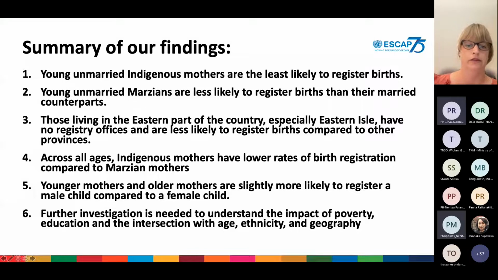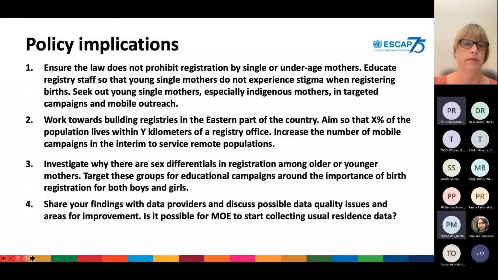Across all ages, Indigenous mothers have lower rates of birth registration compared to Marzian mothers. Younger mothers and older mothers are slightly more likely to register a male child compared to a female child. And further investigation is needed to understand the impact of things like poverty, education, and the intersection with age, ethnicity, and geography.